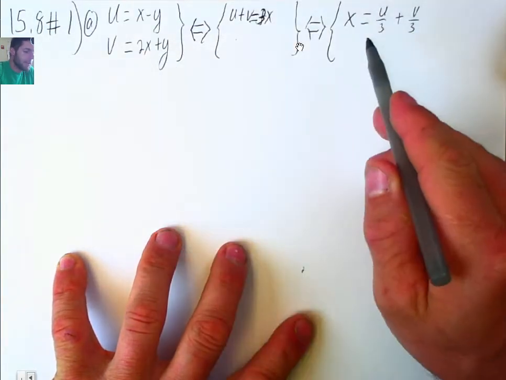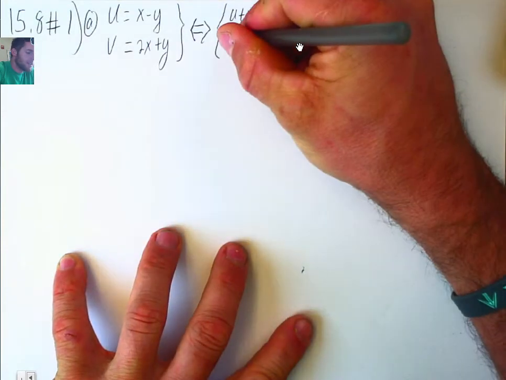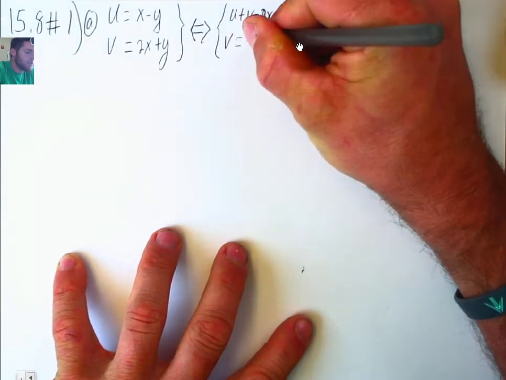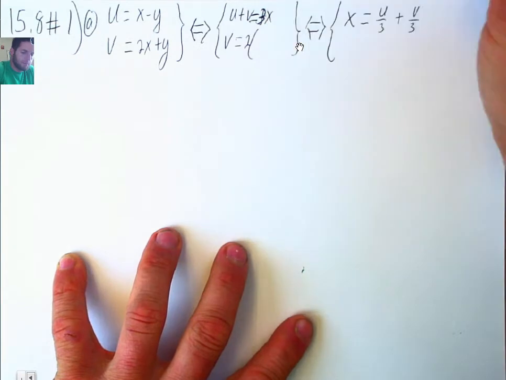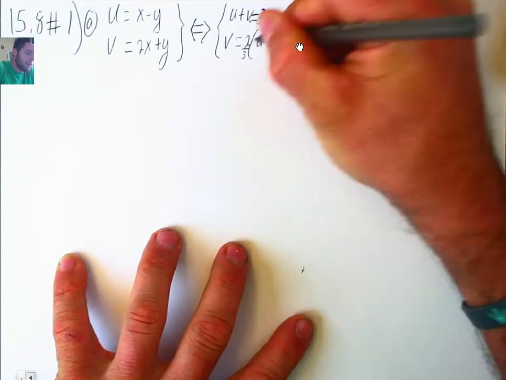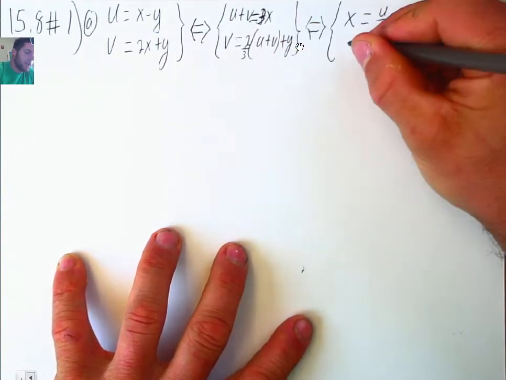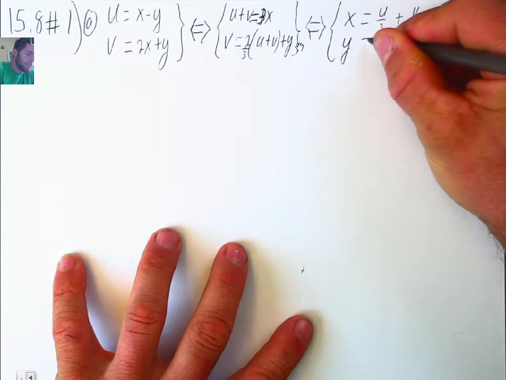Okay, if I'm going to replace x with 1/3 (u plus v), then I can rewrite this equation as v is equal to 2 times (u plus v) divided by 3, and then I still have my plus y. And that will allow me to get y by itself.